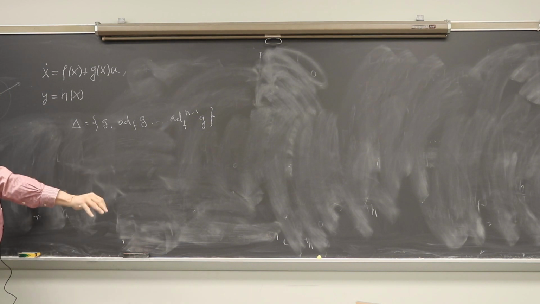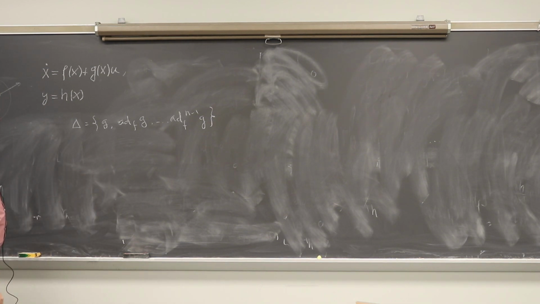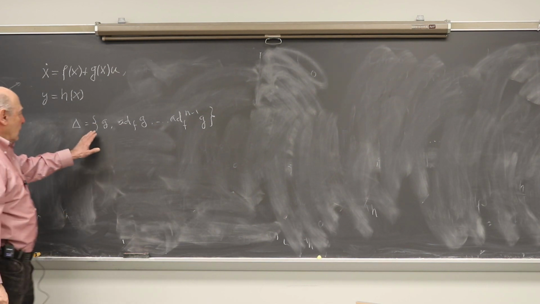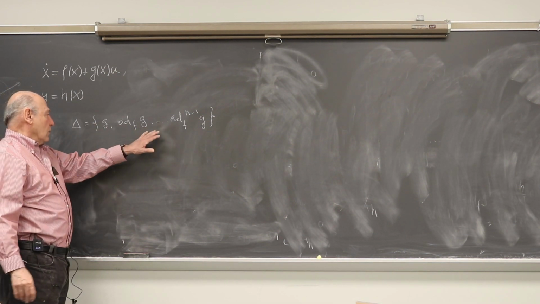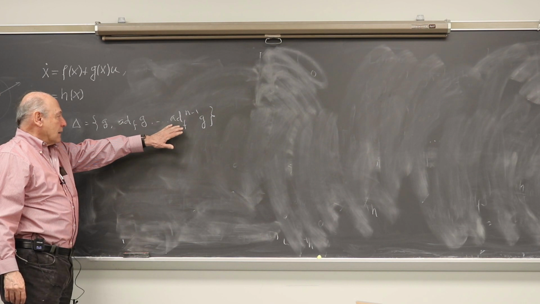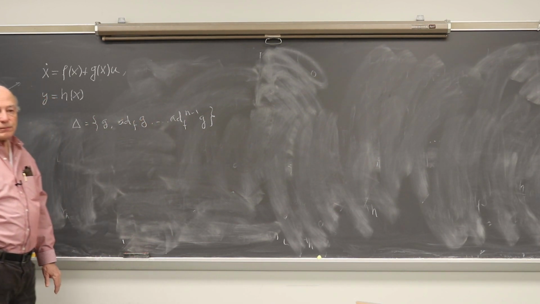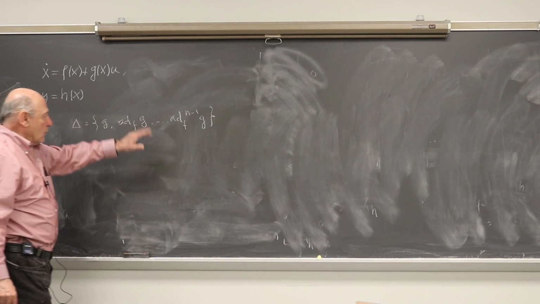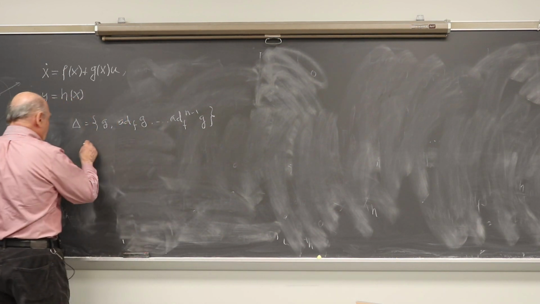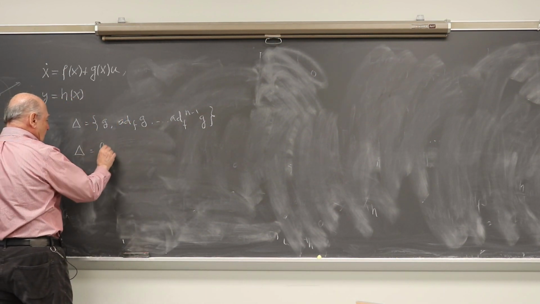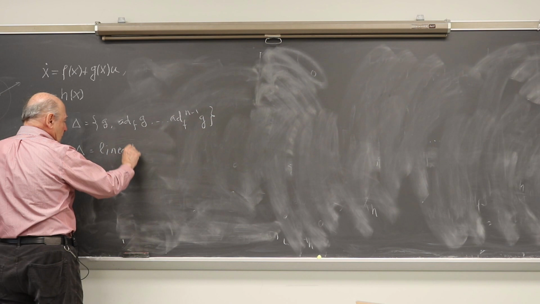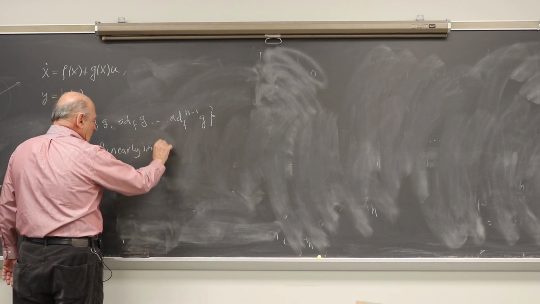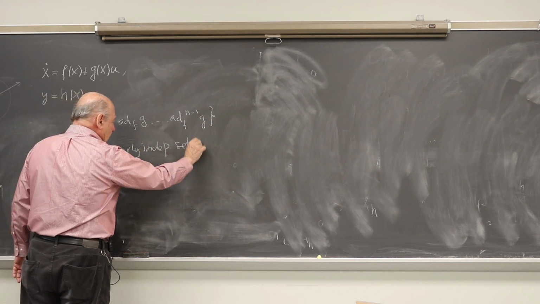These vectors are vectors along which my integrating surface has to be a support of, or has to be tangent to all of those vectors, right? So delta is a linearly independent set of vector fields.